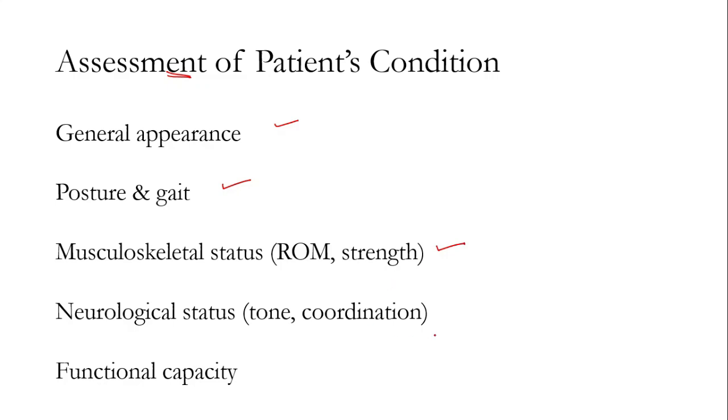And then you are going to check the neurological status, like tone, reflexes, coordination. And finally, assess the functional capacity. Functional capacity in the sense whether they can dress themselves, whether they are able to climb stairs or carry any object. Those details you are going to assess.